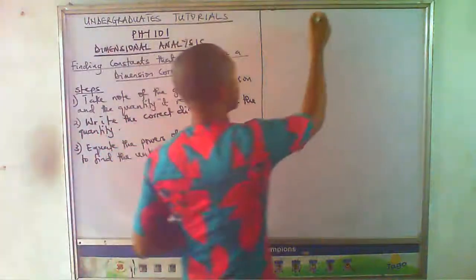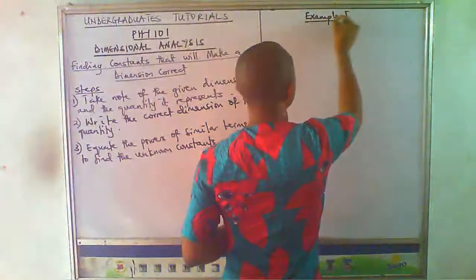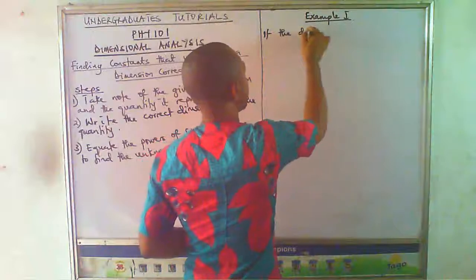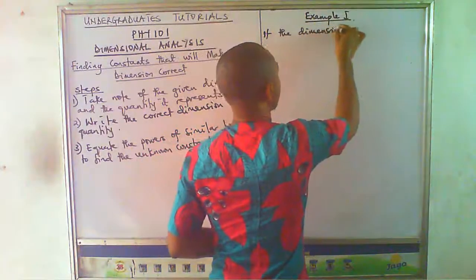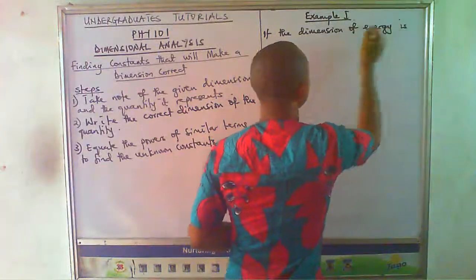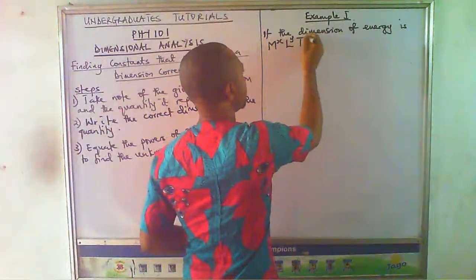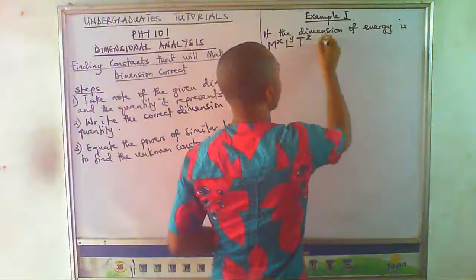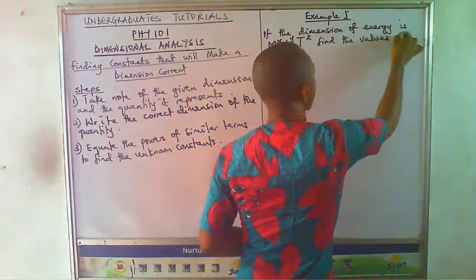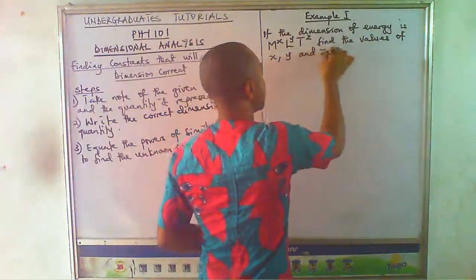So let's follow these steps and solve 1 or 2 problems as far as this aspect of dimensional analysis is concerned. So let's take example 1. If the dimension of energy is M to power x, L to power y, T to power z, find the values of x, y, and z.